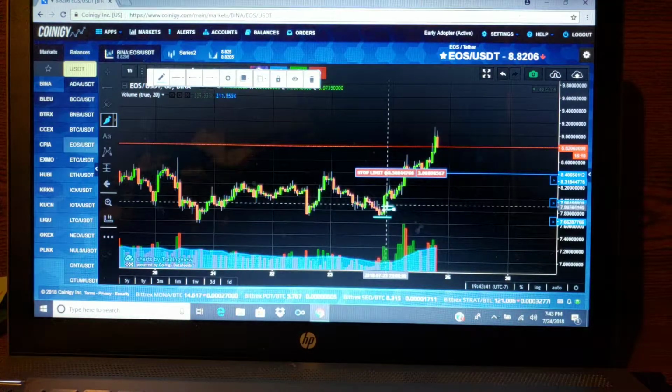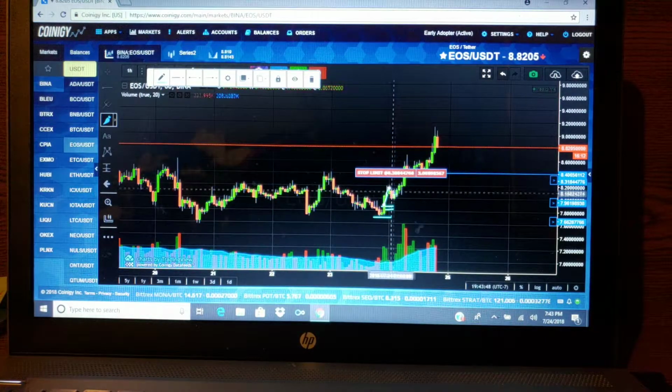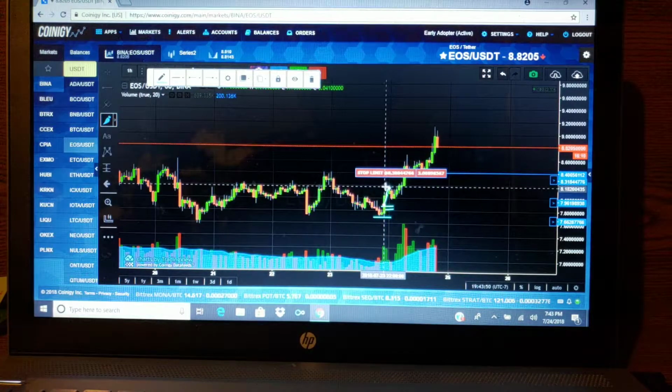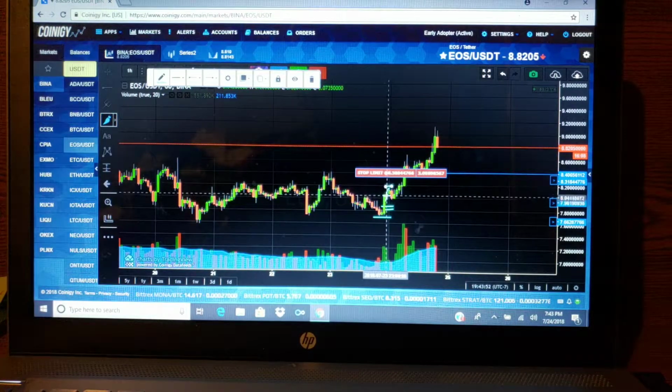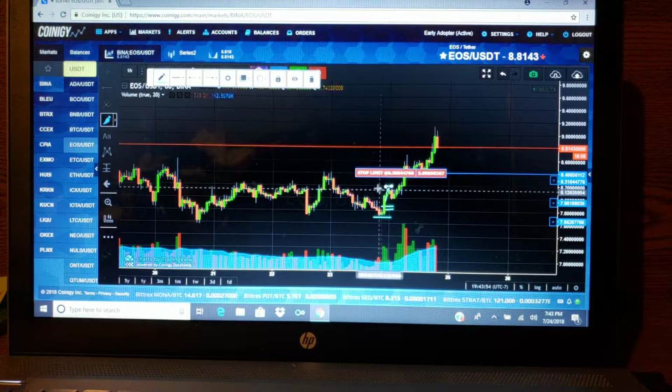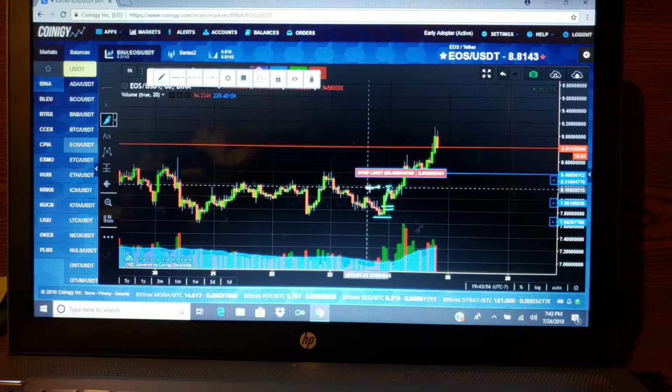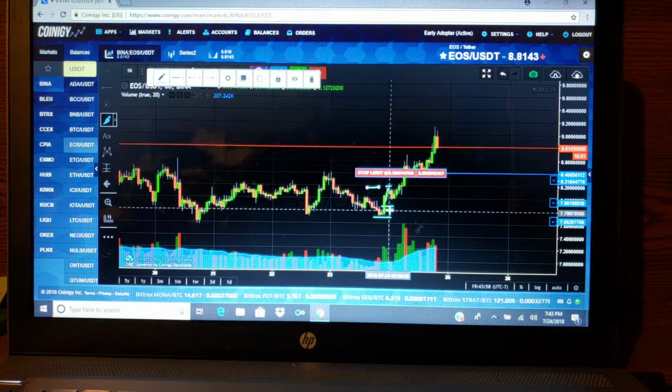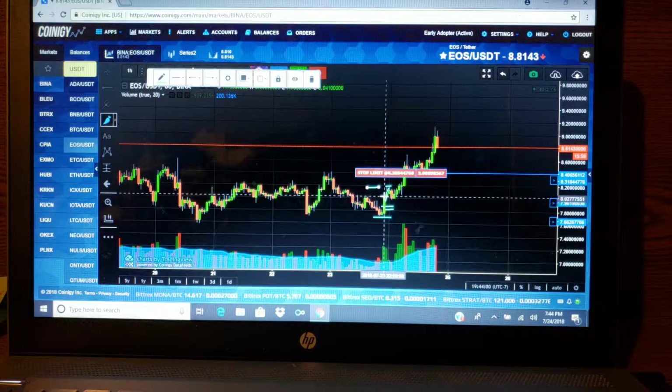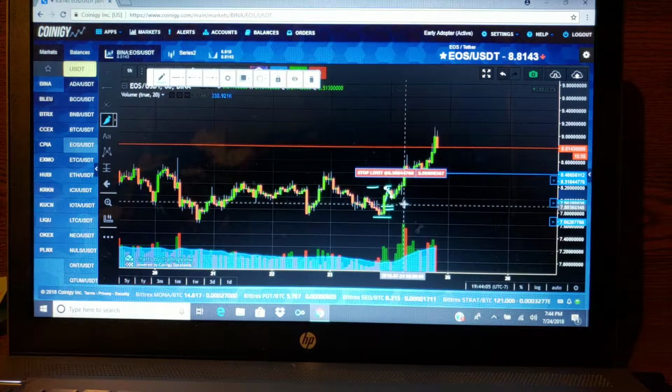Okay? But remember, it's a trailing stop loss, so it will follow it up. Right here, price stopped. Now it locks that price. Now remember, we did a 2% trailing stop loss, so if it comes down 2%, it will sell.